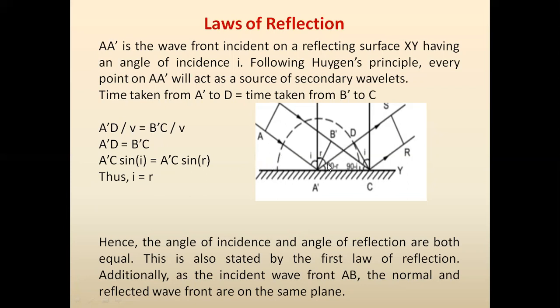From this picture, we can write that A'D is equal to A'C sin i, and B'C is equal to A'C sin r. So, cancelling out A'C, we get sin i is equal to sin r. That means i is equal to r. So, the angle of incidence and angle of reflection are both equal, and this is the proof of the laws of reflection.